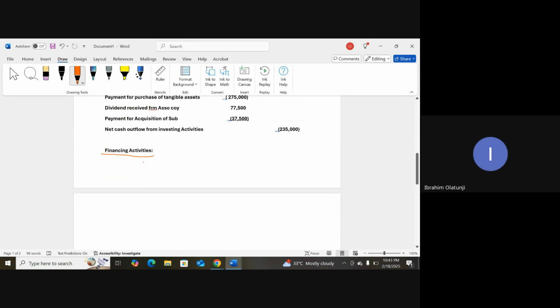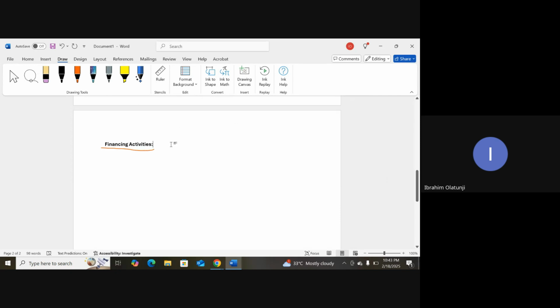Financing activities. Under financing activities, I think I explained that one too. This time around, you want to finance.